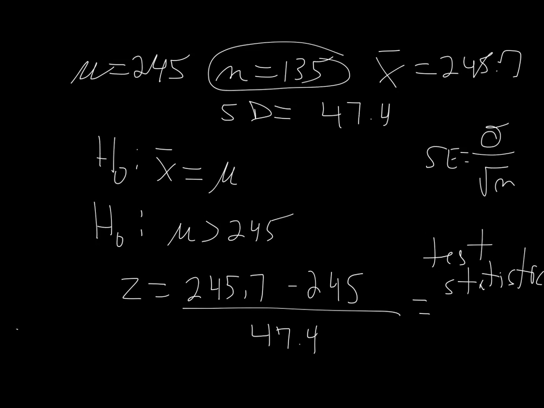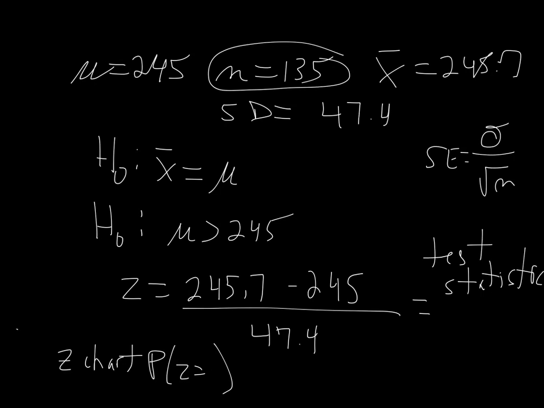Now when you're finding a p-value, you're now going to either use RStudio or go to the Z chart, and you're going to look up the probability for that Z value, whatever it is. You're going to get a probability, and in this case it'll be positive, but it'll be just to the right of the mean.